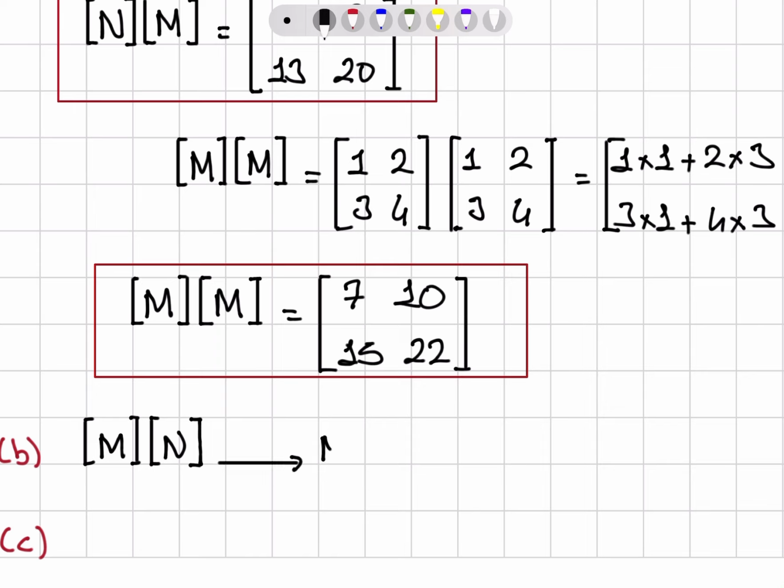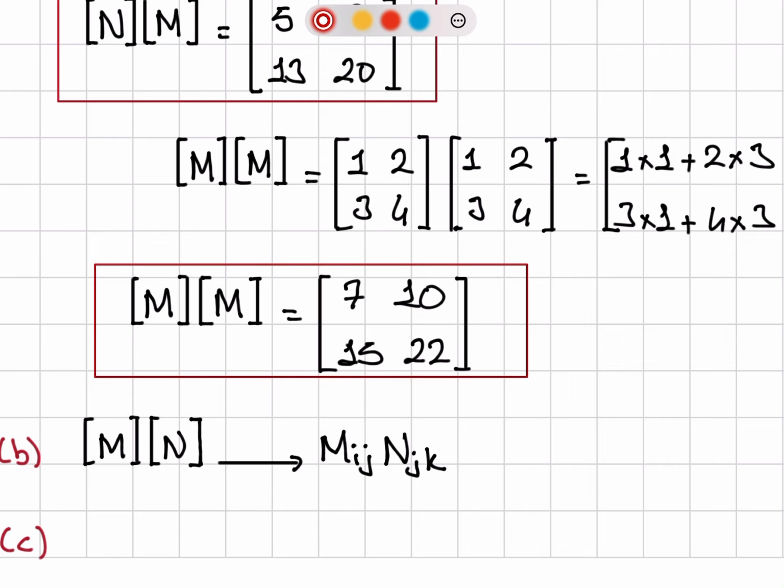So I look at the ith row jth column element of the matrix M and multiply it with the jth row kth column element of N, and the summation is over the index j. So this is my subscript summation notation.